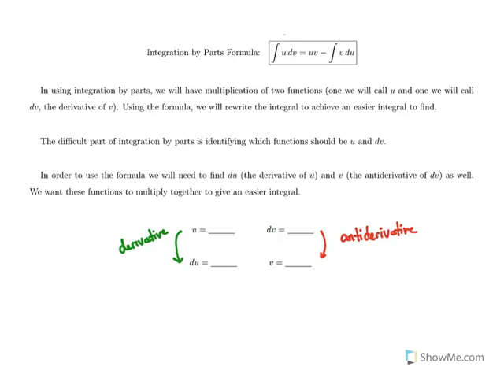And after doing that, our formula, we are going to have u times v, that's going to be those two functions multiplied together, minus the integral of v du, which is going to be these two functions multiplied together. And as long as this integral is easier to do, then we've done our job.